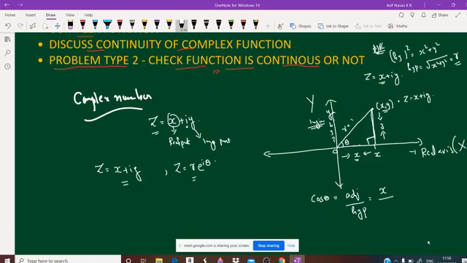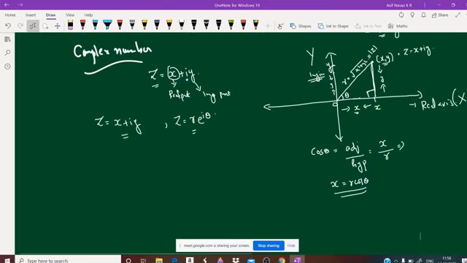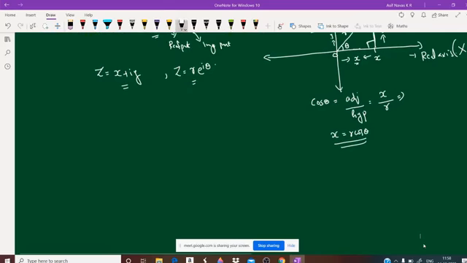So this length is r equal to root of x square plus y square, or this is equal to mod z, that means the distance of z from 0. So this is r. Then we represent x equal to r cos theta. Similarly, what is sin theta?